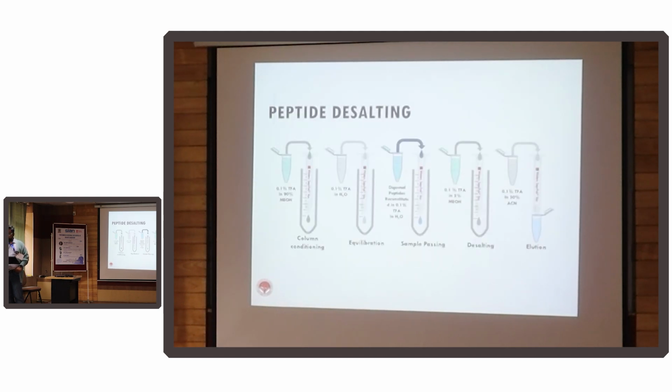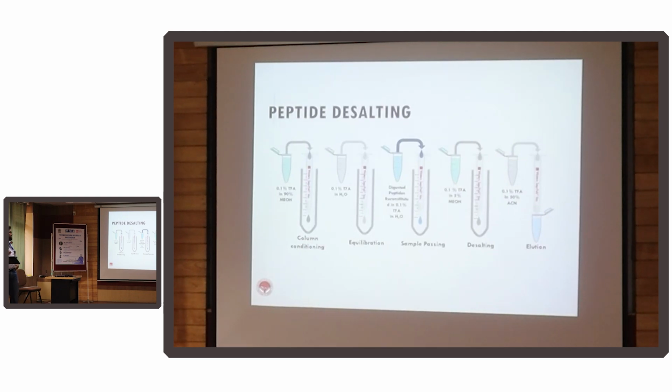Solid phase extraction columns are the most used type of method. So what we do here is a column conditioning, right? This is for the Waters. I think it is visible to you, those at the back. We do the column conditioning with 0.1% TFA and 90% methanol, and then we equilibrate the column with 0.1% TFA in water, and then we put all our digested peptides into that set-up column.